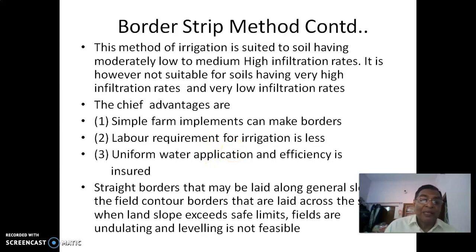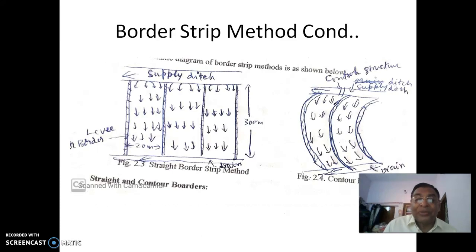Initially, straight borders may be laid along the general slope of the field, while contour borders are laid across the slope. So when the land slope exceeds safe limits, fields are undulating and leveling is not feasible, you resort to the contour method. Let us go back to our figure. If the land is naturally level, then you can have this slope adjusted a little bit this way and that way. You can have these straight borders.